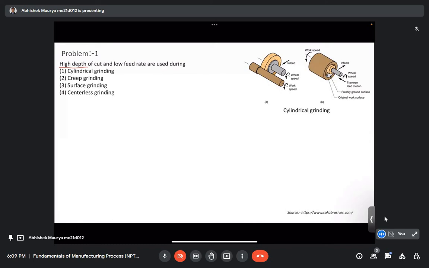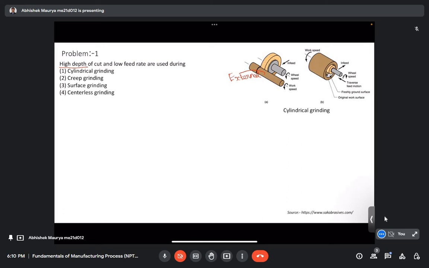So here our workpiece is cylindrical in shape. Like here, this is the example of the external grinding. Basically here we are trying to improve the surface finish of the external surface of the workpiece.